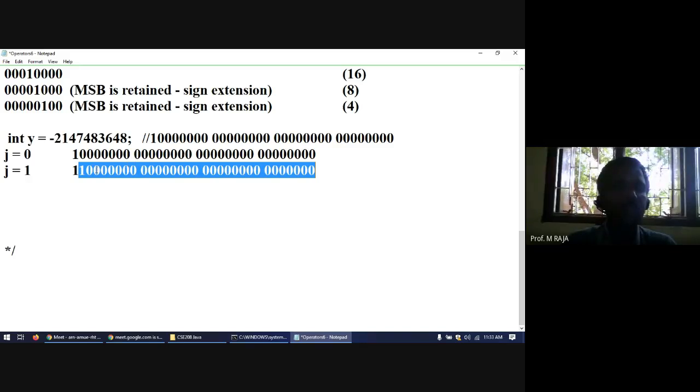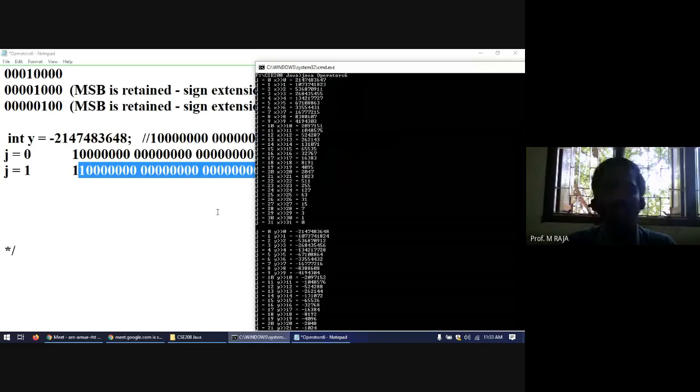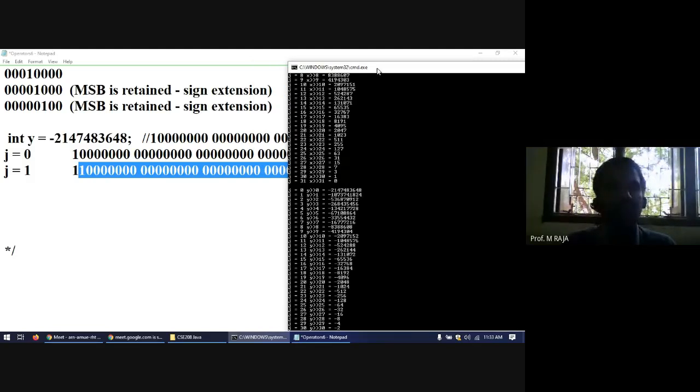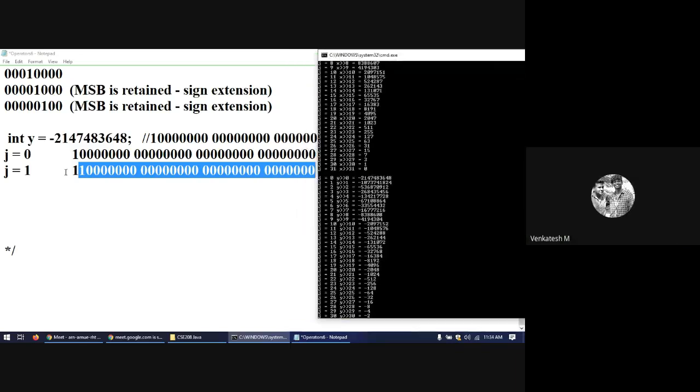Decoding this, you will get the value 2147483648 divided by 2. So you have this result: 1073741824. Sign is minus because the MSB is 1. Understand or not?